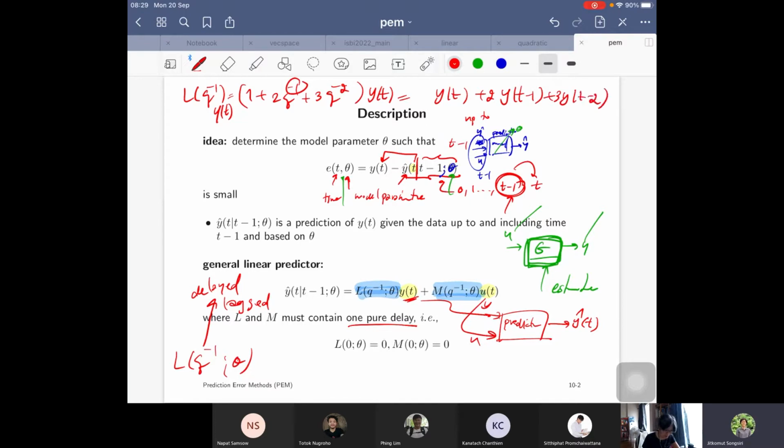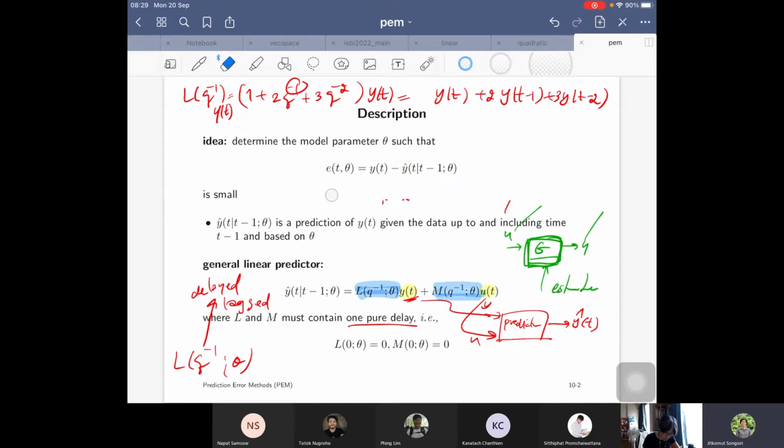Okay, that's the notation of the delay operator. So when we say that L and M must contain one PL delay, what it means is that L, when the input argument is 0, must be 0. With this example, L0 is what? L0 is 1. So it means that, of course, L0 YT is going to be YT.